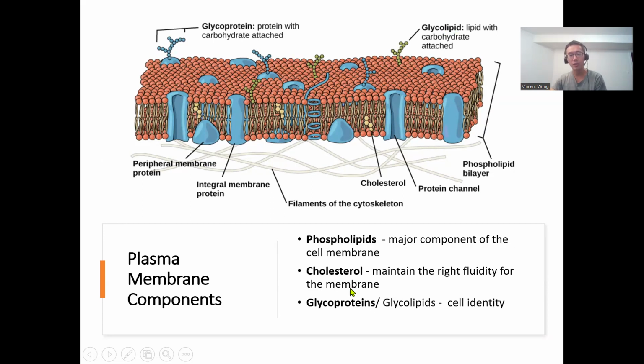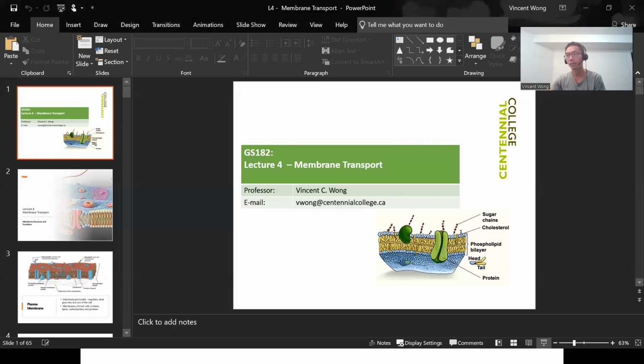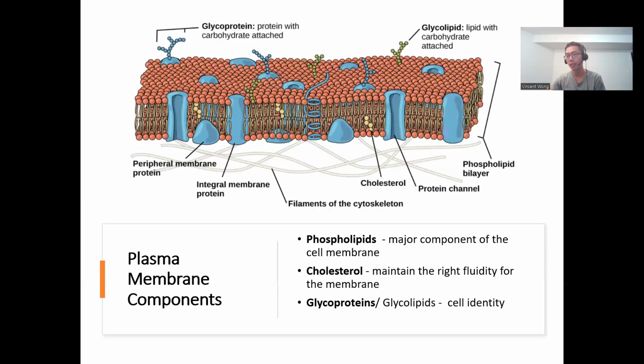This tells you what each one of them does. With the exception of glycoproteins and glycolipids, I've told you what everything else does already. We'll come back to the glycoprotein and glycolipid in a bit. But for now, we know what the cholesterol does: it maintains the right fluidity. This makes up a majority of the cell membrane.